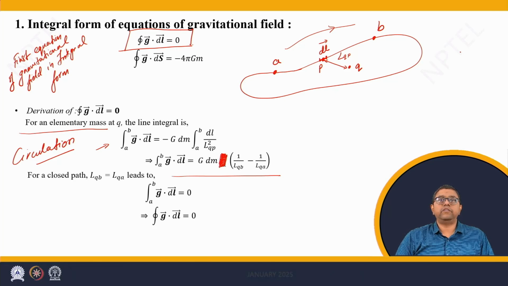Hence, the integral can be simplified and evaluated as g dm multiplied by 1 by LQB minus 1 by LQA, since the gravitational field depends on the endpoints as it is a conservative field.